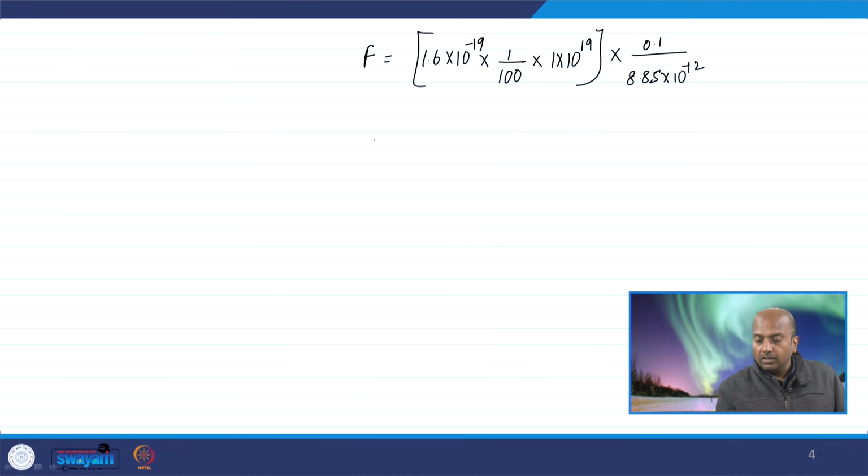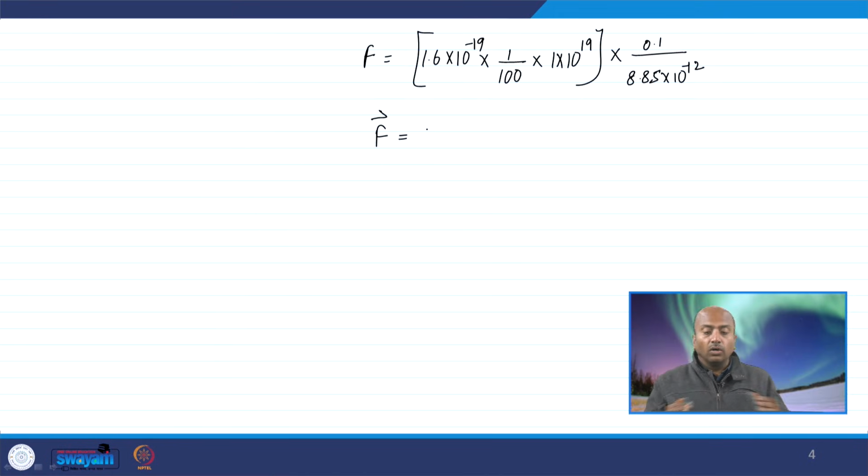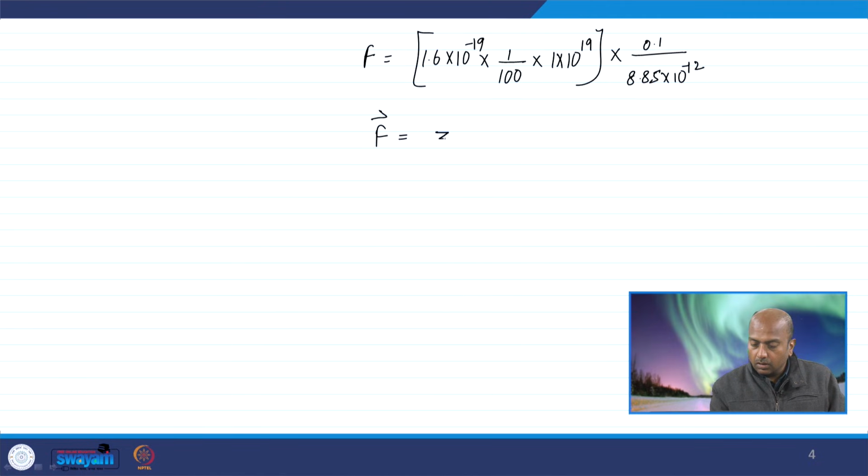So, if you calculate this, the force which is acting along the distance of 0.1 meters, what is the objective of this force? Why is this force acting? This force is resulting from an electric field which is due to the charge separation. Okay, this force will be 3 times 10 to the power of 6 Newton per meter cube.